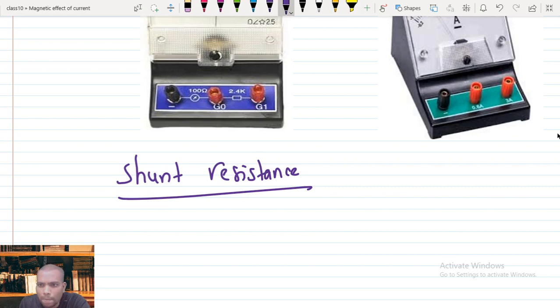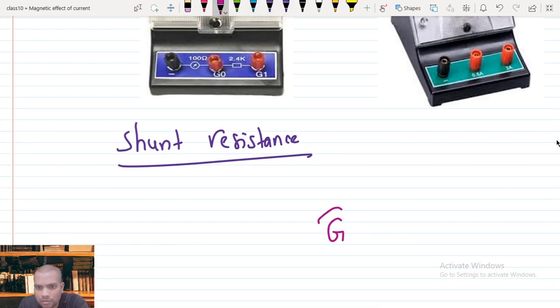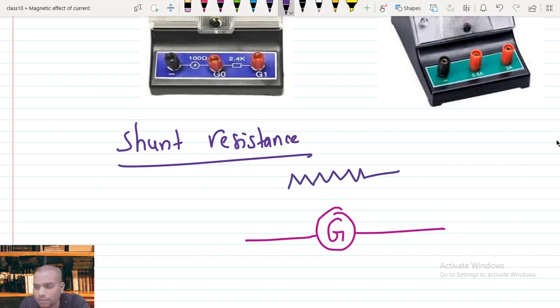How can it be done? To convert the galvanometer into an ammeter, first we take a galvanometer. Suppose G is the galvanometer, and a resistance is connected in parallel to it.